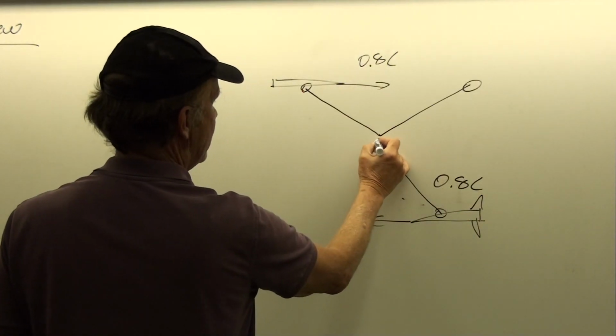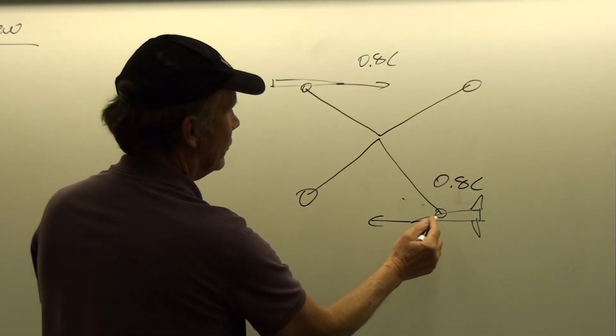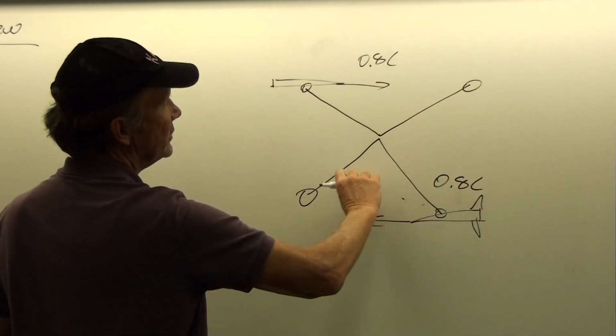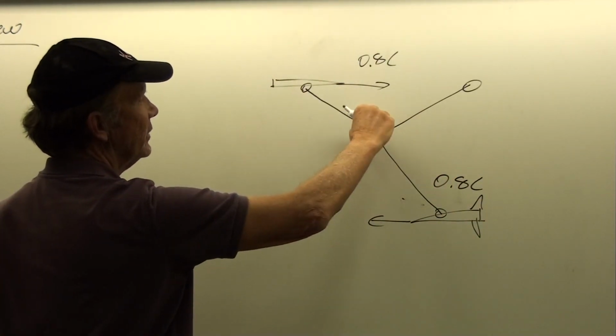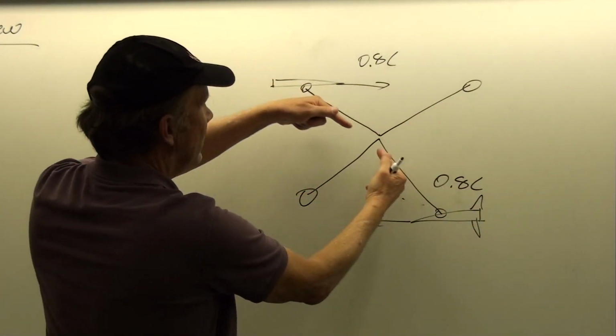So while that's happening, the rocket has shot the ball up, but it's also moving in this direction. So this would be the diagonal path of the ball. Similarly for this ball.